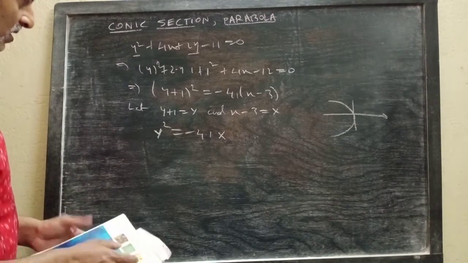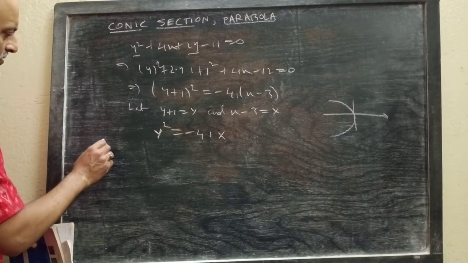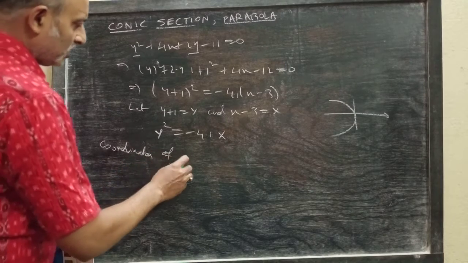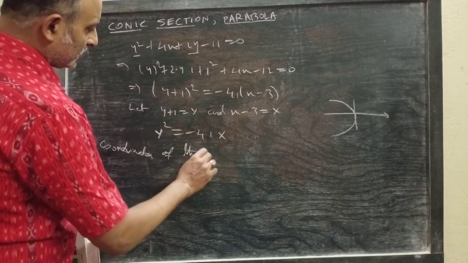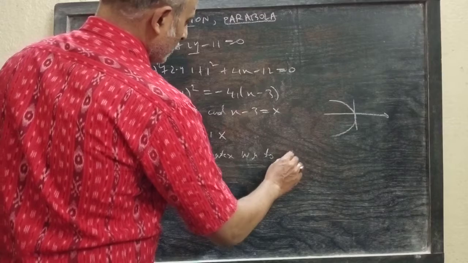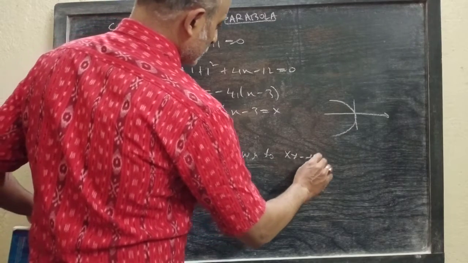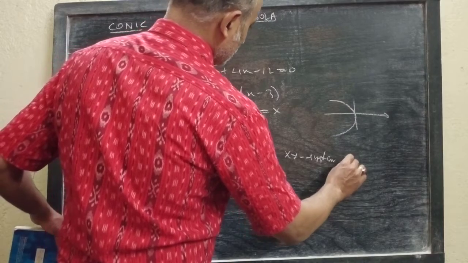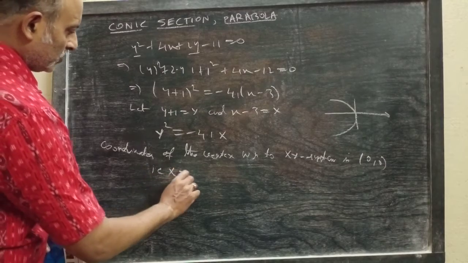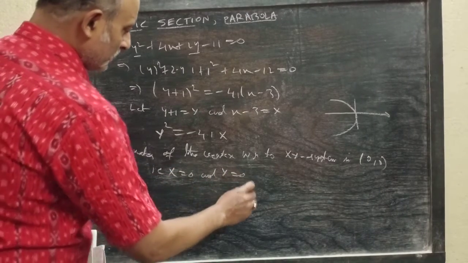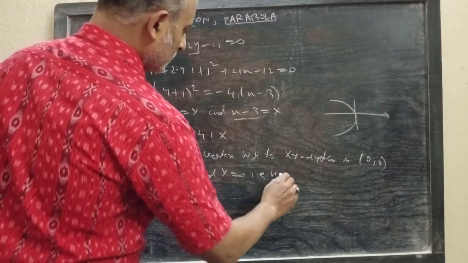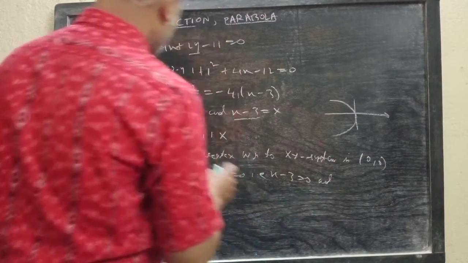So now, first find the vertex. Coordinates of the vertex with respect to the big X big Y system is 0, 0. That is X equals 0 and Y equals 0. What is X? X is x minus 3, x minus 3 equals 0, and what is Y?